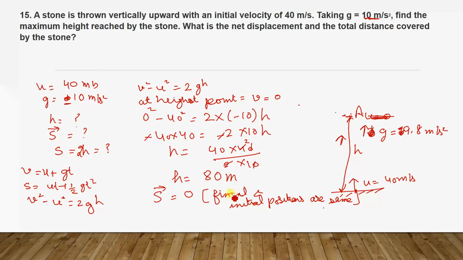So we will take displacement to be 0. And distance, it is twice the height, that is 2 times 80. It comes out to be 160 meters. Okay dear. So both the things we have calculated, the distance, displacement, and also the height. So let's move to the next question.